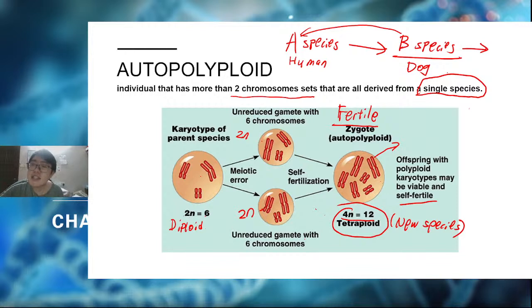So, anjing ni kalau nak melahirkan anak mesti tak boleh cari human, kerana kromosom sudah tak sama. Anjing ni kena cari anjing juga. Ini contoh masuknya lah. So, ini definition lah.